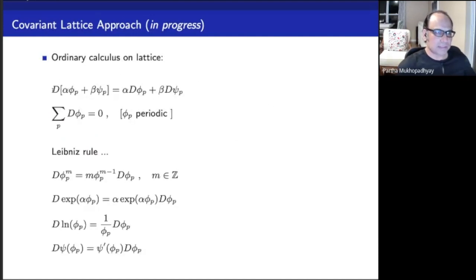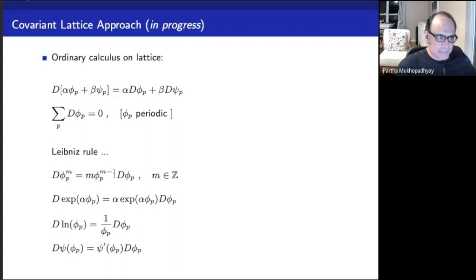This is the linearity property, and this is just the integral of the total derivative of a periodic function being zero. Then I talked about the Leibniz rule, and these are other properties of ordinary derivatives. They still hold true for this discrete derivative.